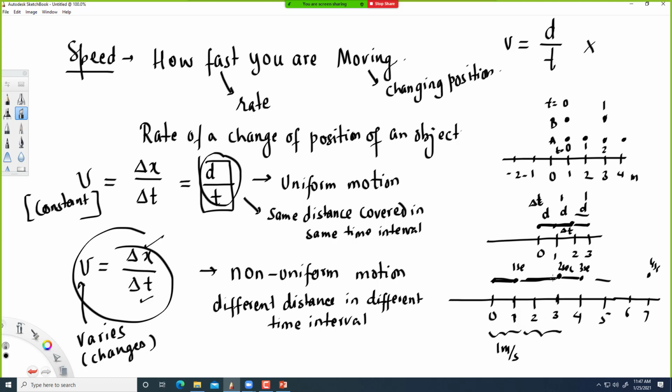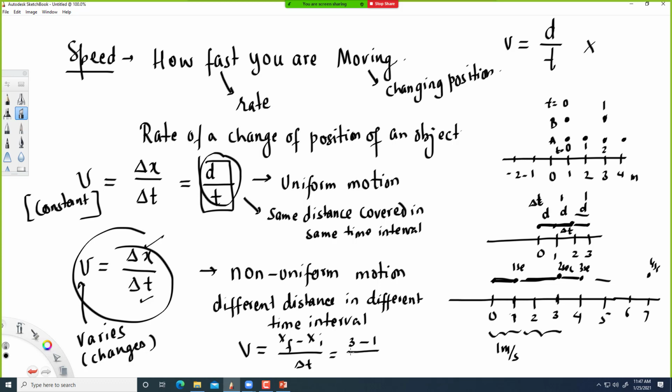Distance over time, so delta x over delta t. Let me show you how you find the speed. Speed is final position minus initial position, that's delta x, over delta t. What's our final position between 1 and 3? 3 is the final position. Initial position is 1.